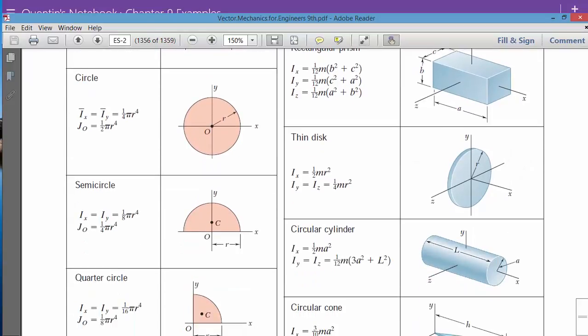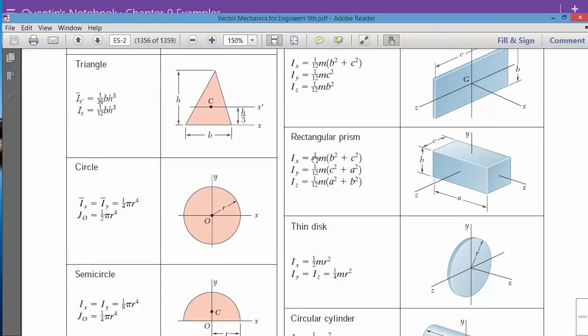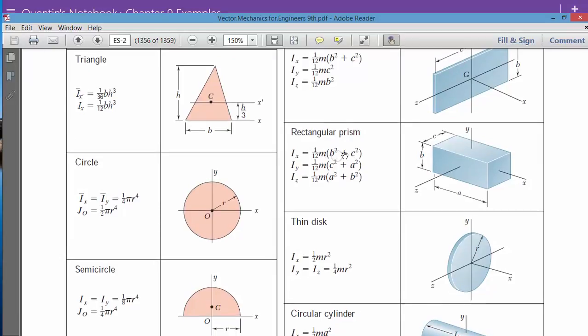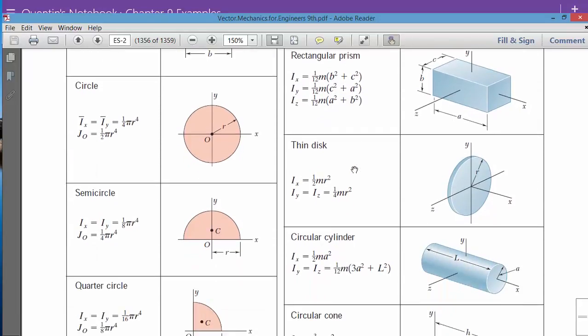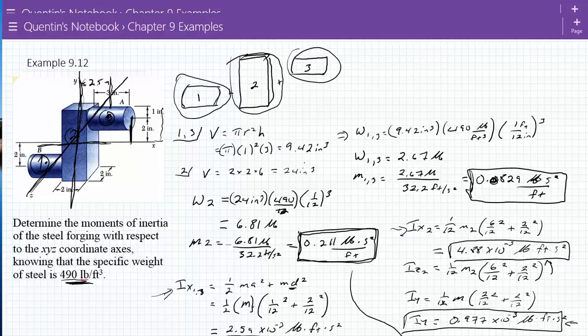And so that is arguably the hardest thing, making sure that when you're using these equations, you're using them appropriately with the right dimensions. But beyond that, it's a pretty straightforward problem. That and the other problem being that you have to make sure you're actually using mass and not weight, or you're using the appropriate units as is desired for the problem.